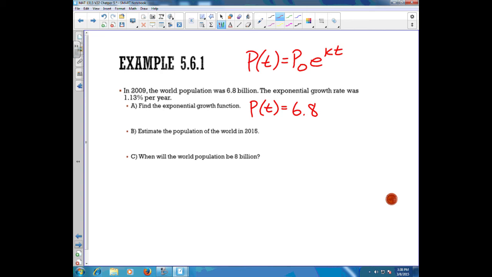And then that's e. In this case, it says k is a growth rate, so that means k is positive. And it's 1.13%, which is 0.0113 as a decimal. So that's e to the 0.0113 times t. That would be our exponential growth function.